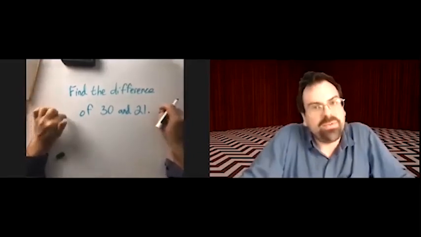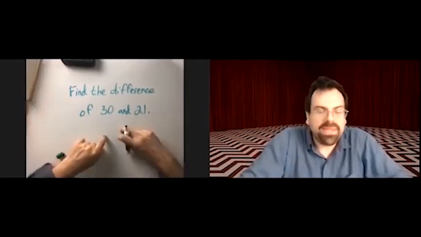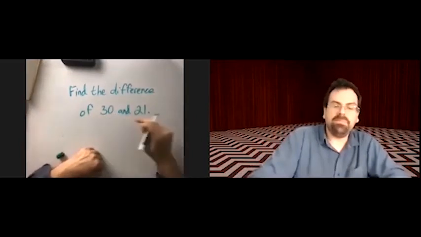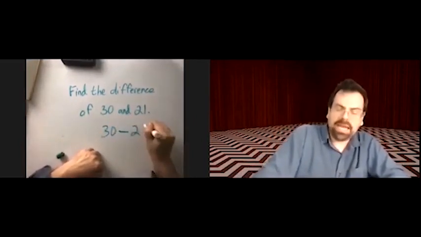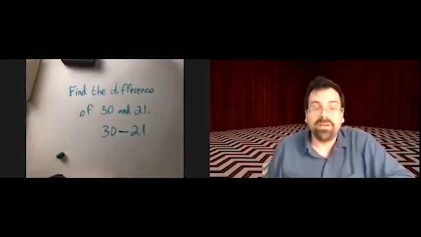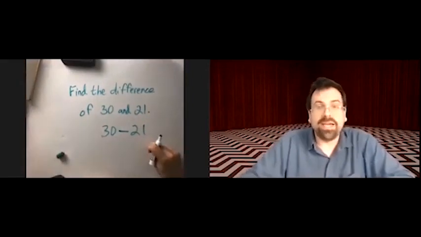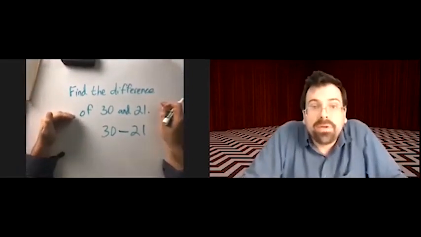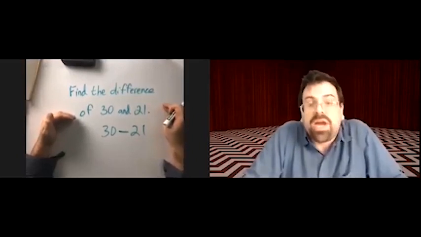So you have to understand what it's asking. This one, we actually keep them in the order they're given. When we see difference of blank and blank, that is a subtraction, and you keep it in the order that it was given. So the difference of 30 and 21 is 30 minus 21. Another way of asking this same problem would be, what is 21 subtracted from 30?